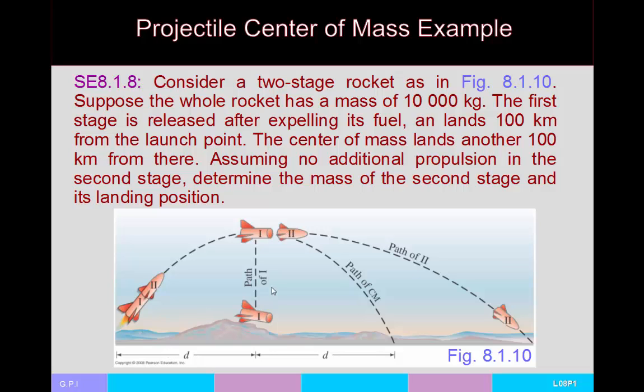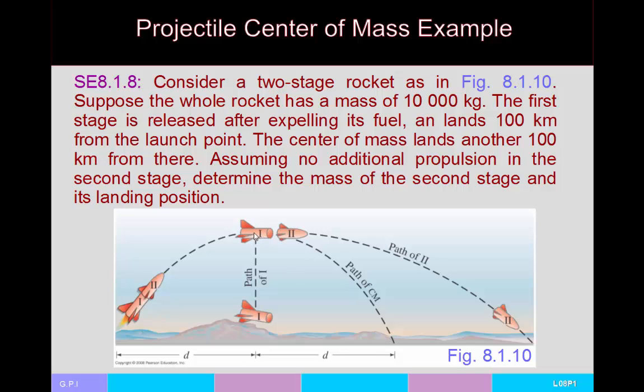So this actually is a fairly straightforward problem. The center of mass should have landed right here. So this is 100 kilometers away from the beginning. We're going to assume one thing, which is that the two halves of the rocket have equal mass. If that's the case, then they should land equal distances away from where the center of mass was going to be.